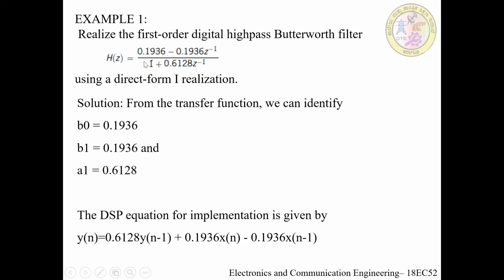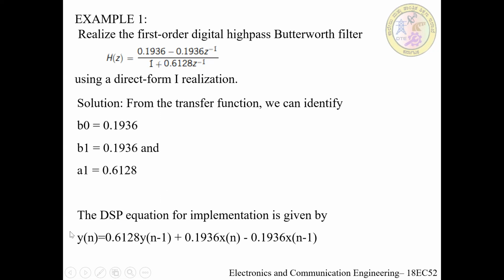So if we want to implement this, H of z is equal to Y of z by X of z, which is equal to 0.1936 minus 0.1936 z inverse divided by 1 plus 0.6128 z inverse. We have to cross multiply Y of z with this and X of z with this, and take inverse z transforms. So what we obtain in terms of n, after taking inverse z transforms, gives us the difference equation that represents the DSP equation.